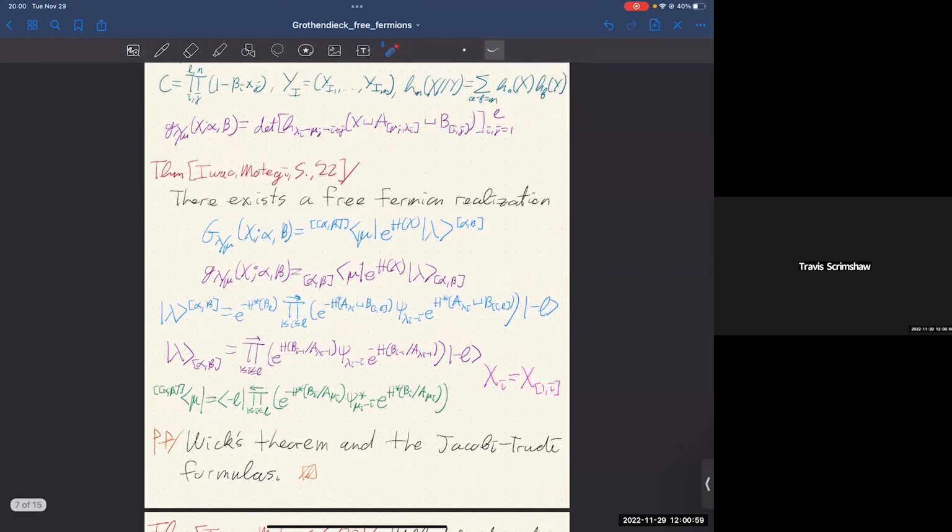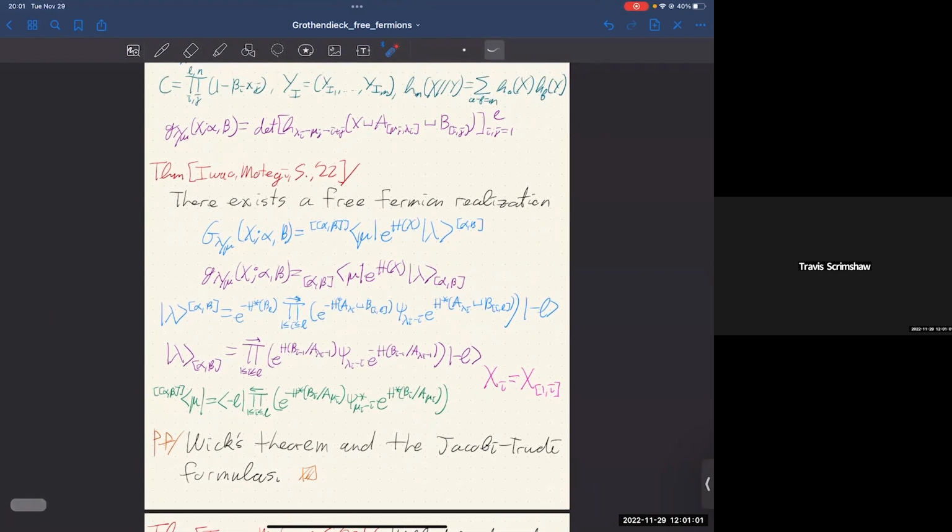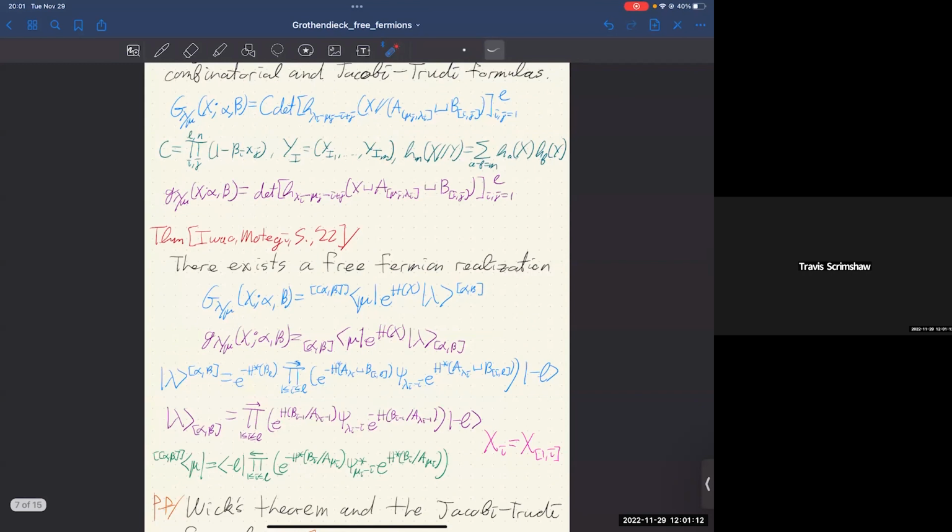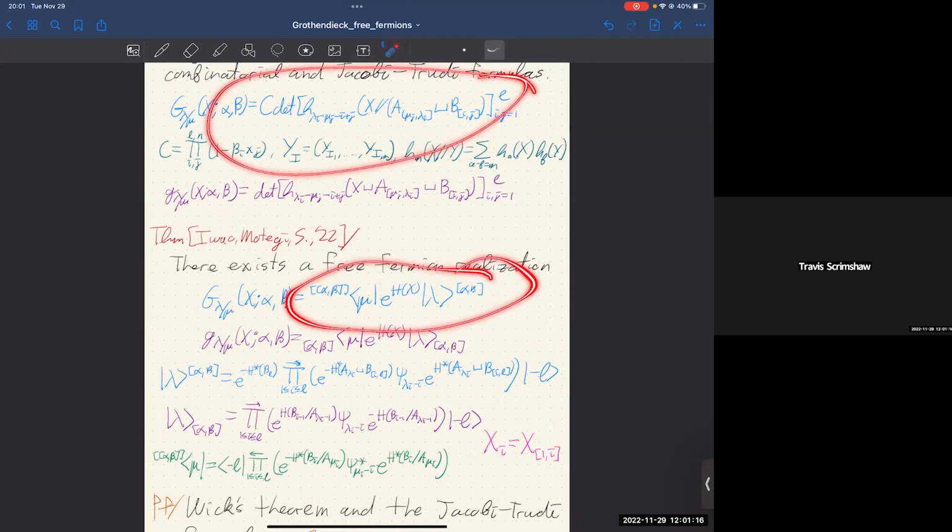And well, our proof is basically the same thing that we just did for the Schur function. We apply Wick's theorem and use these Jacobi-Trudi formulas to say, oh yeah, Wick's theorem says this is the same as this.